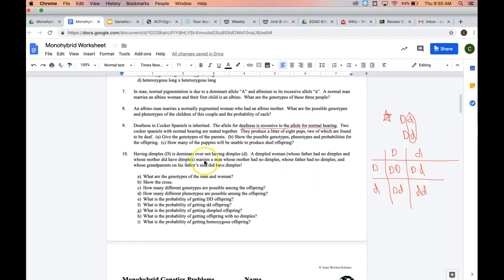So let's see here. The genotypes of the offspring are as follows: one homozygous dominant, one homozygous recessive, two heterozygotes. And then phenotypes would be 3/4 normal, 1/4 deaf. How many of the puppies will be unable to produce deaf offspring? So how many of these pups will be unable to produce deaf offspring?